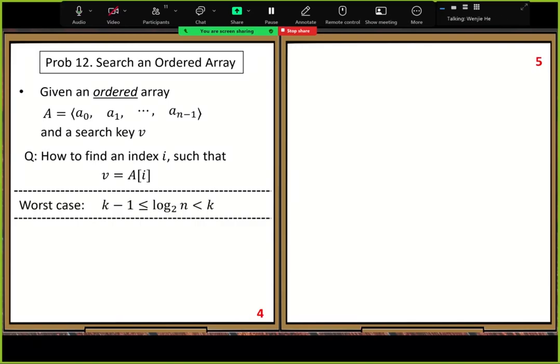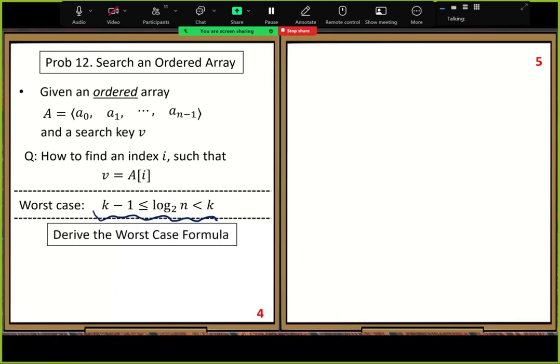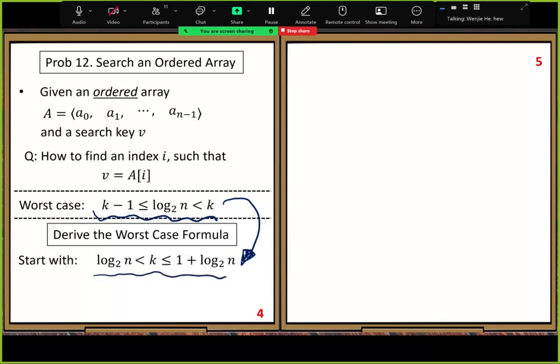Let's look at the range. For the worst case, we have this inequality. So what is the range for k? We want to derive the worst case formula. By algebra, we can get an equivalent inequality.